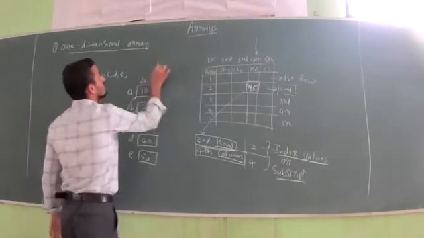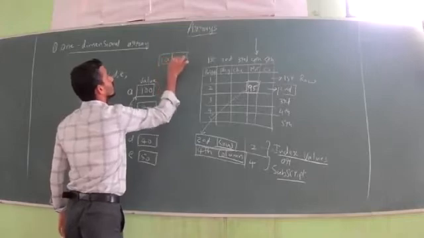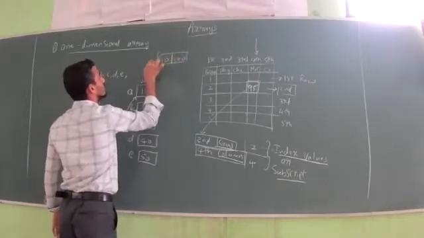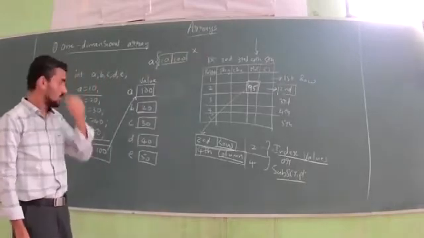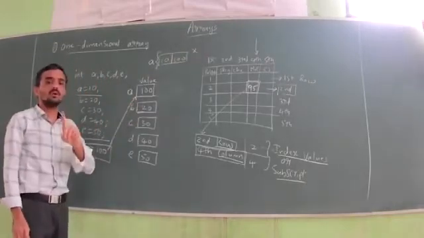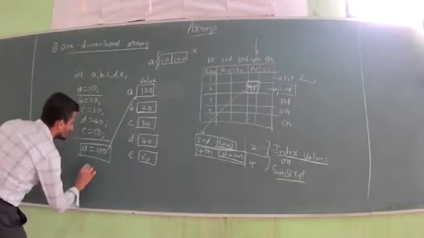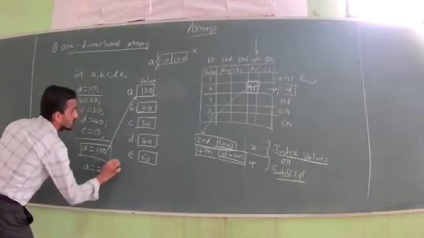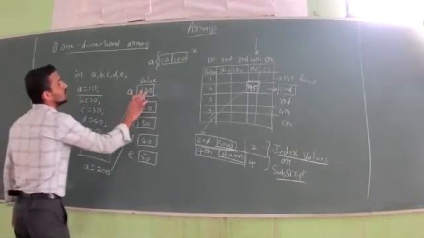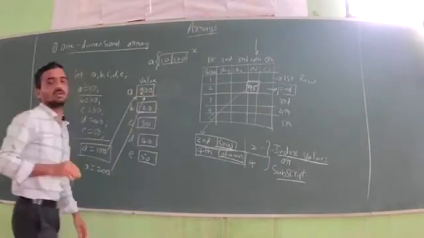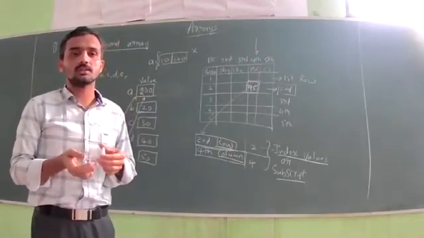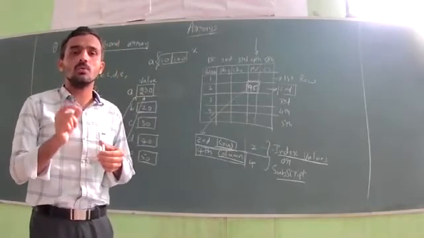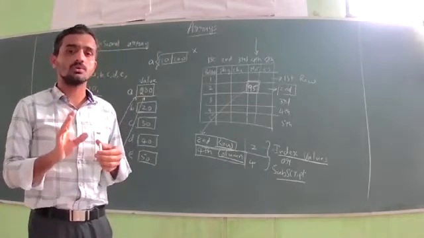It will not say 10, 100 for variable A. No, this will not happen. At a given point of time, only one value can be stored. Next time if you try to store 200, this 100 will be replaced by 200. So whenever you add values to variables, it stores only one value at a given time.